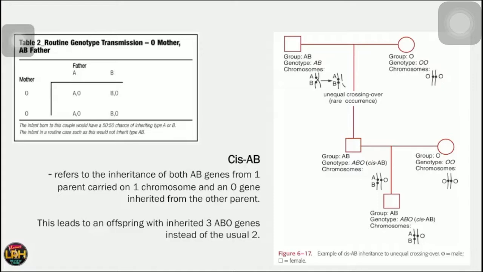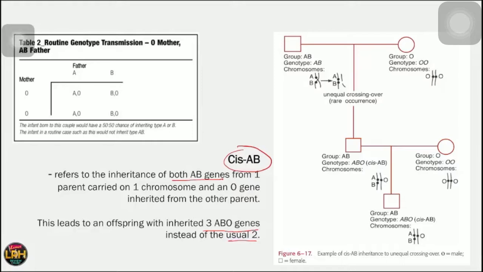This instance could be attributed to the cis-AB blood type. It is possible. So what is cis-AB? It refers to the inheritance of both A and B genes from one parent carried on one chromosome, and an O gene inherited from the other parent. This leads to an offspring with 3 ABO genes instead of the usual 2.